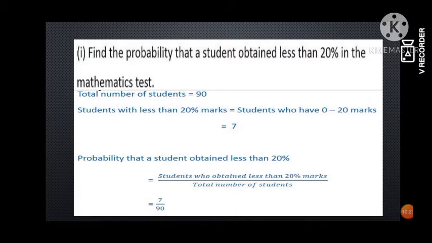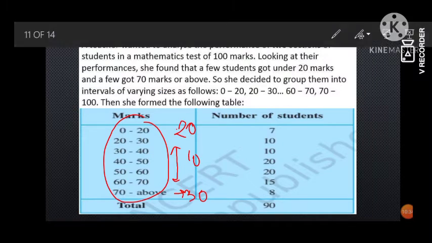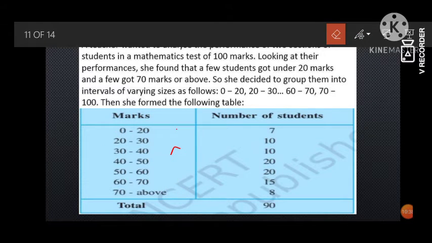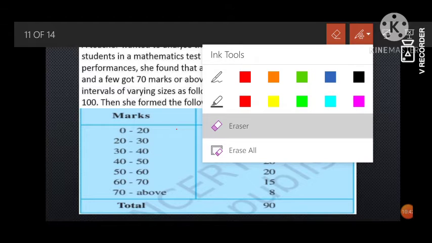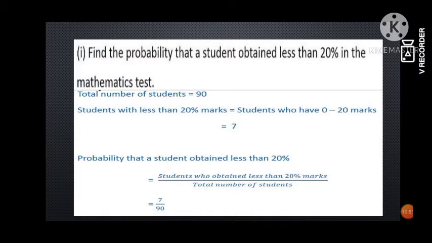Now there are two subparts to this question. The first subpart said, find the probability that the student obtained less than 20% in a maths test. Less than 20 means this slab. So the number of students is 7. Let us see how it is done.